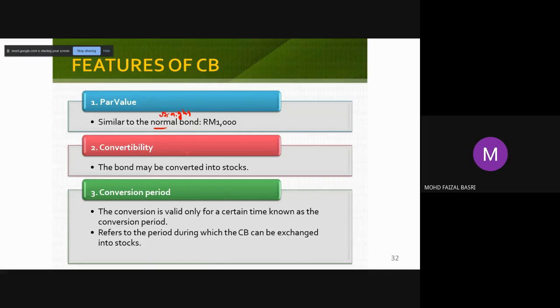And we have the conversion period. Dia takkan last sampai mature lah. There will be a conversion period that will allow you to convert. So if you pass the conversion period, you lose the opportunity. So you akan remain as bondholders sampai mature lah.